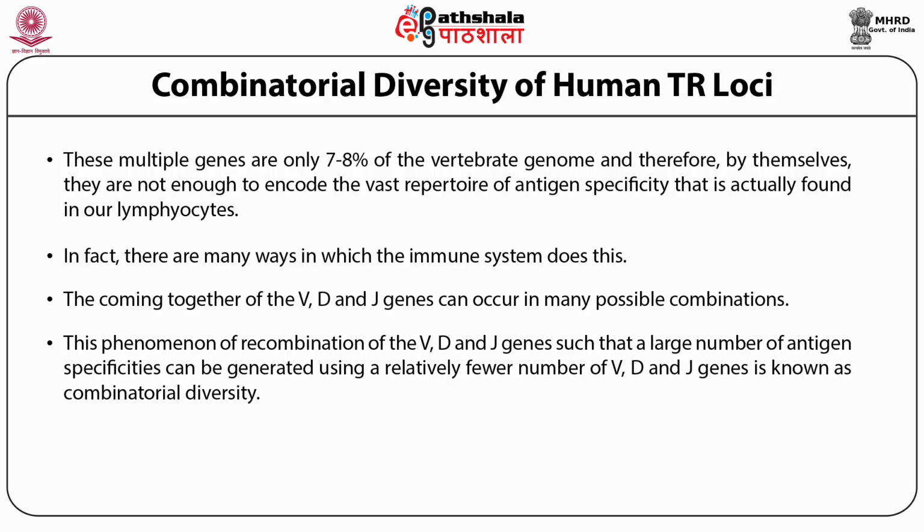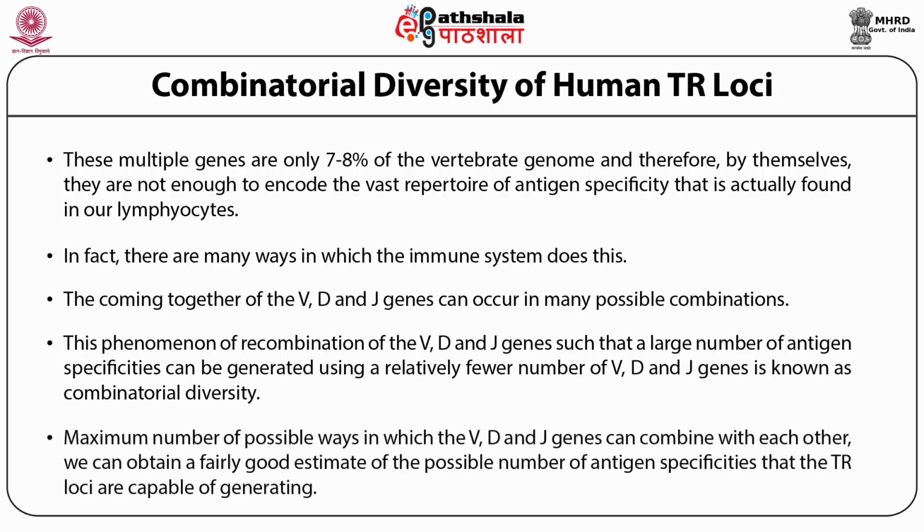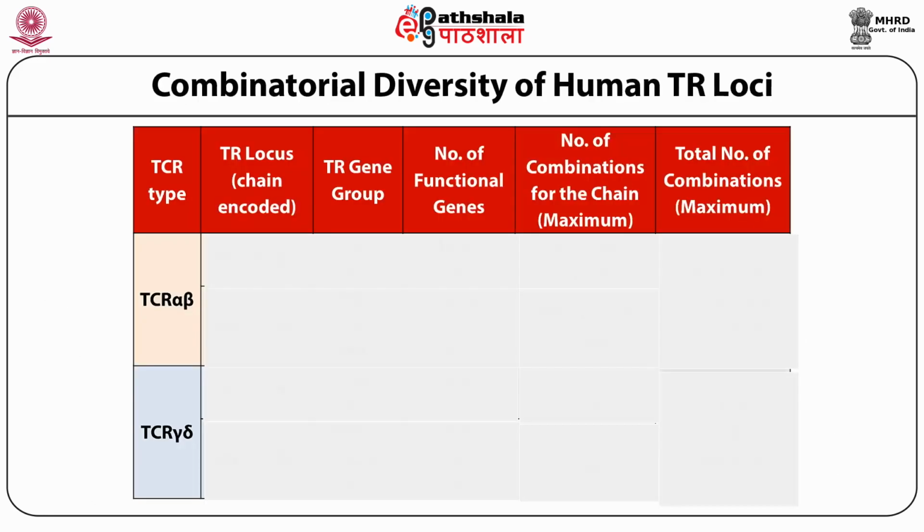By calculating the maximum number of possible ways in which the V, D, and J genes can combine with each other, we can obtain a fairly good estimate of the possible number of antigen specificities that the TR loci are capable of generating. In this table, I am showing you how to calculate the combinatorial diversity of human TR loci.